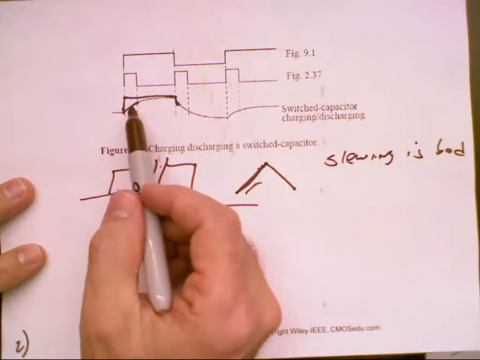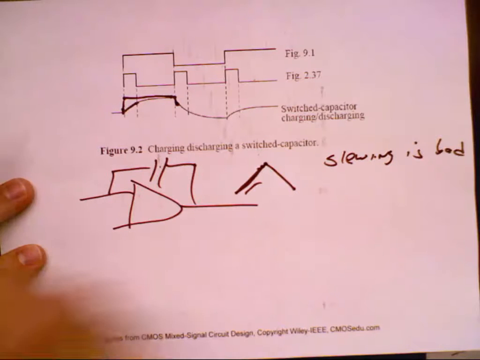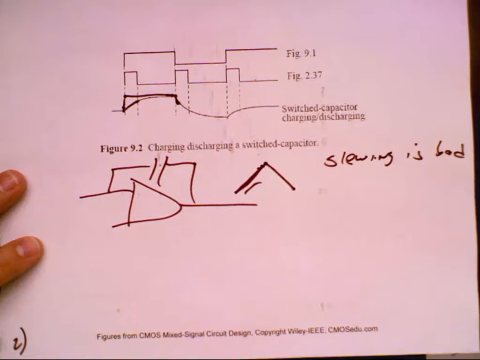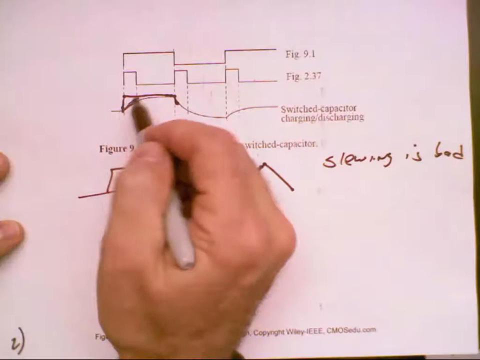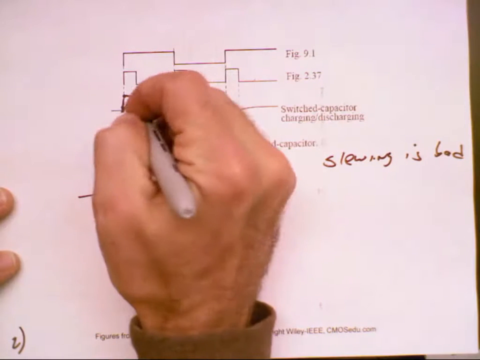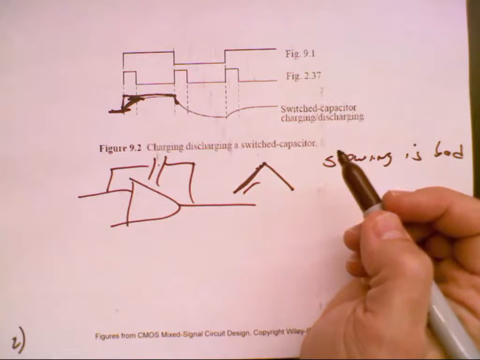Now, when I have finite bandwidth, what does that manifest itself into in a simple example? It means I'm not able to empty my cup before the next pulse comes in. But if it's consistent and I always empty two thirds of the cup, then it's okay. Let me explain the difference between this and slewing.